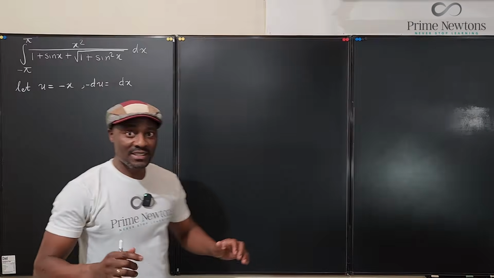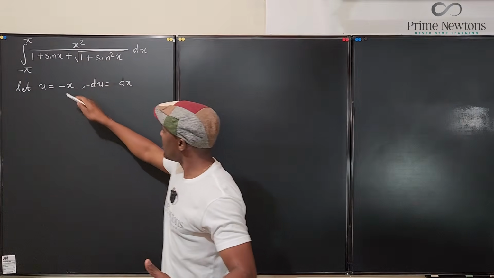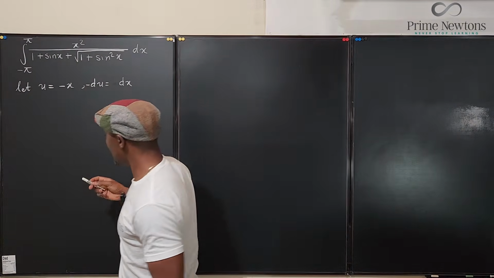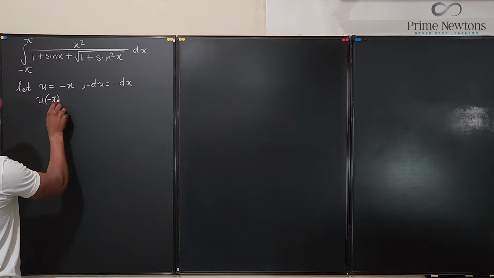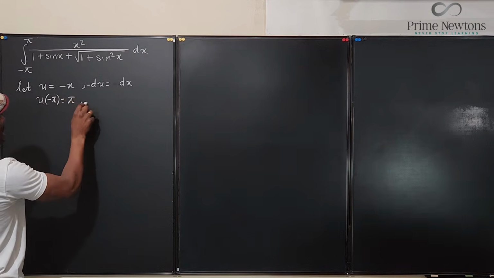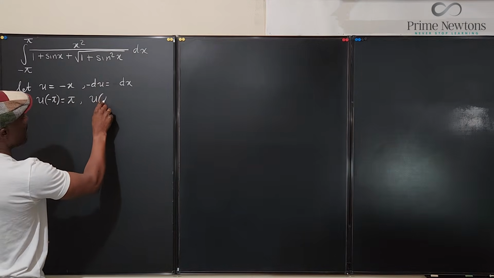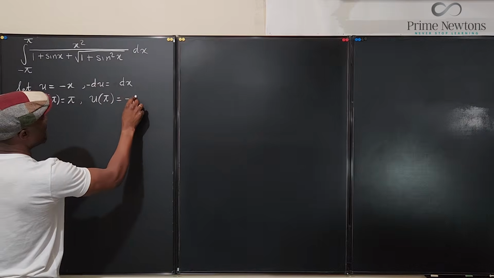And the boundary, if we modify this, we notice that u evaluated at negative pi will be equal to pi, and u evaluated at pi will be negative pi.